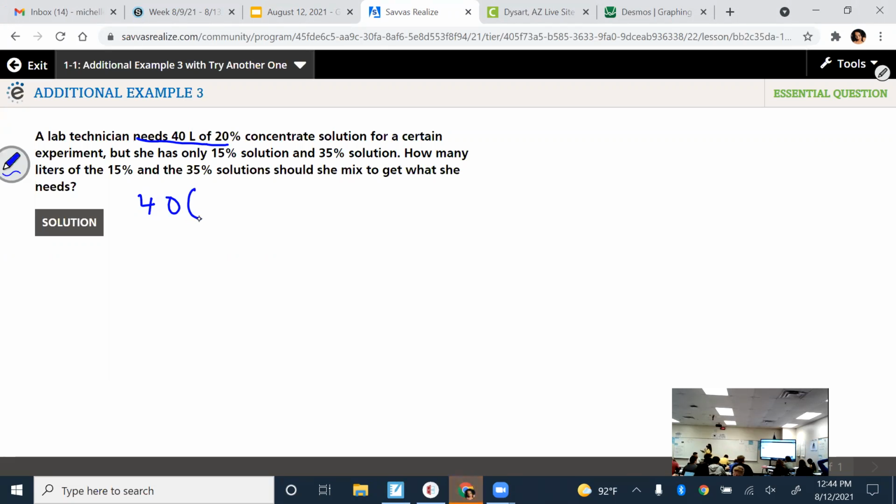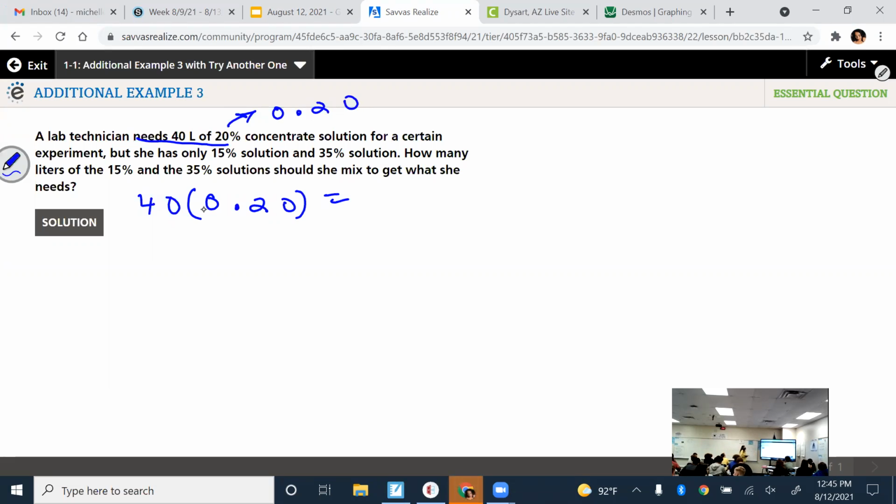So how do I write 20% as a decimal? 0.20. Good, 0.20 or 0.2, same thing. So that goes first. Then it says, but she only has a 15% solution and a 35% solution. How many liters of each does she need?